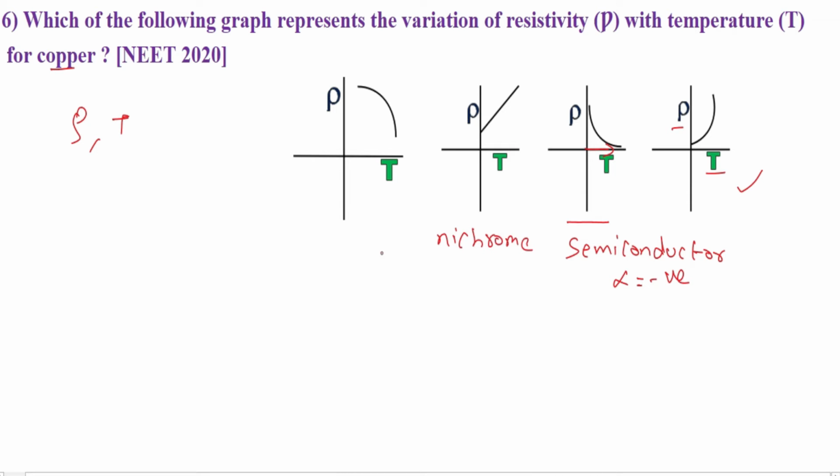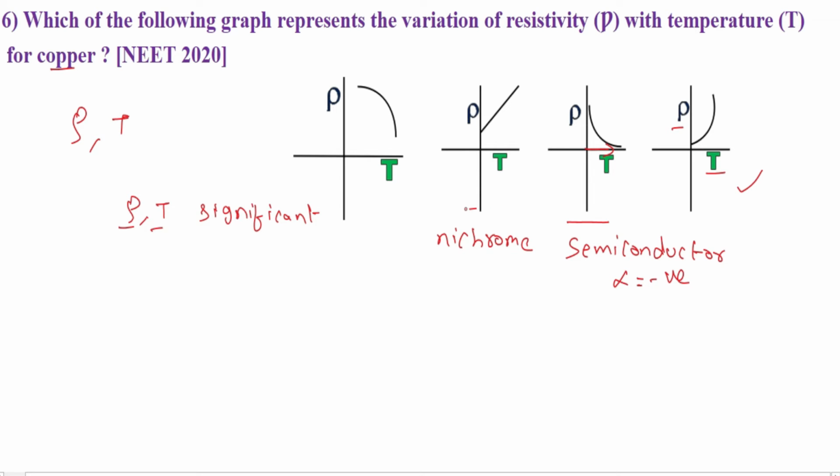Okay, so for nichrome, what happens is that the dependence of resistivity on temperature is not so significant. What does it mean? It means that the variation in resistivity with temperature, their resistivity will not change very rapidly with change in temperature. Okay, so this is for nichrome.